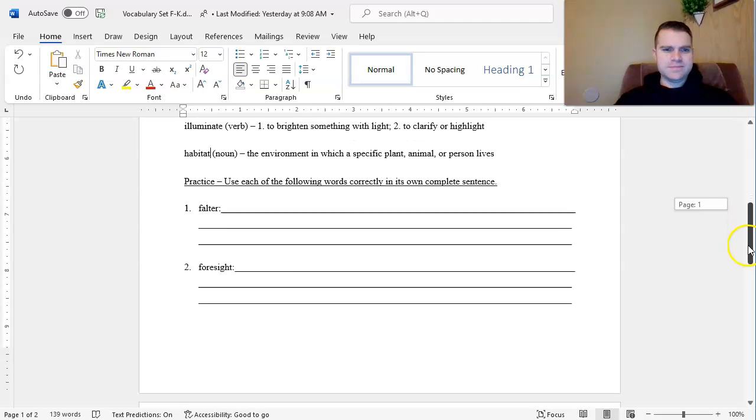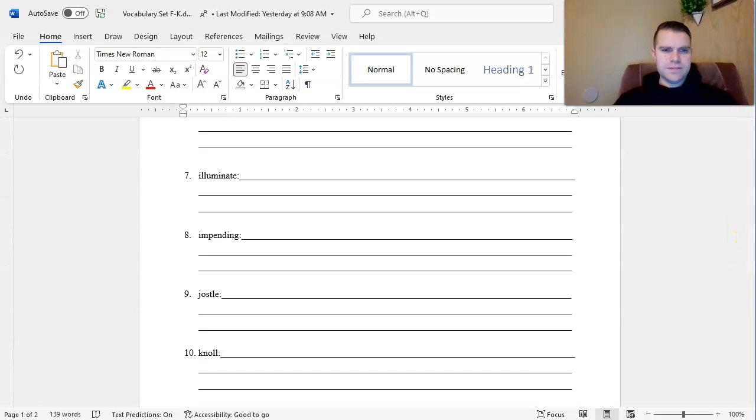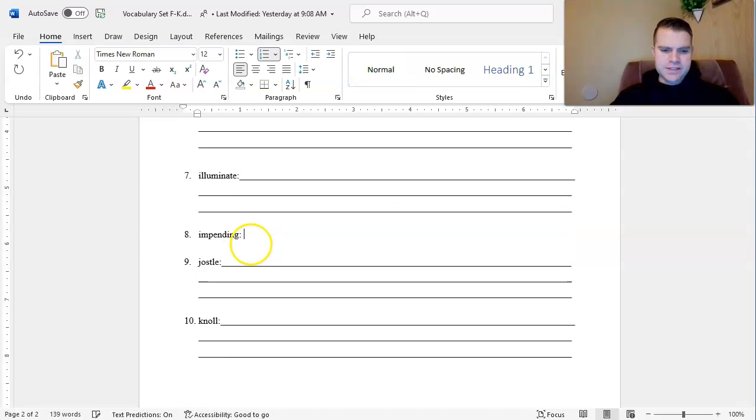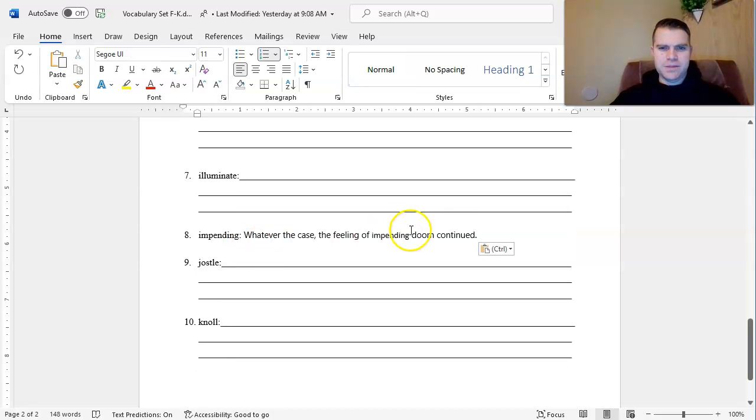So for impending, I chose this one because it's a little bit tough. So notice this, it's really easy to copy-paste sentences from the internet, right? First of all, I can tell that this is stolen because the font's all weird on it. But I could modify this to make it more my own, right? Let's get rid of whatever the case.